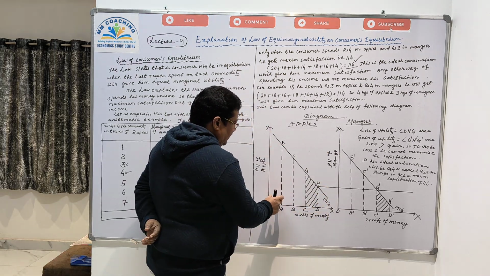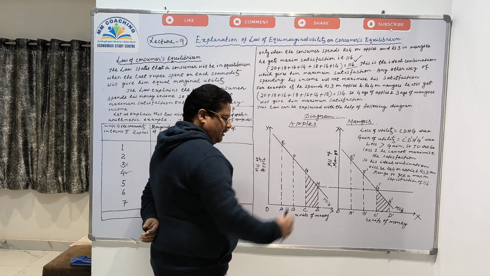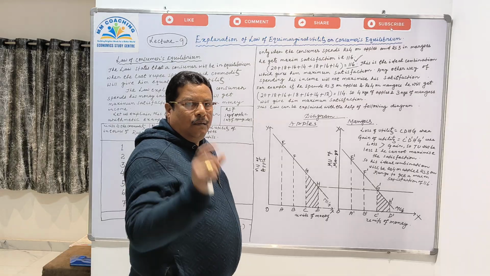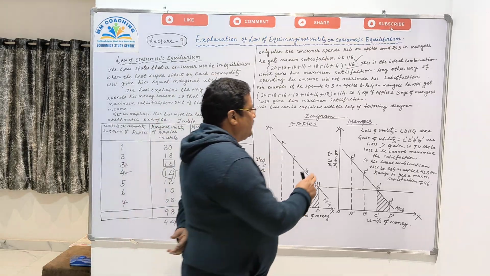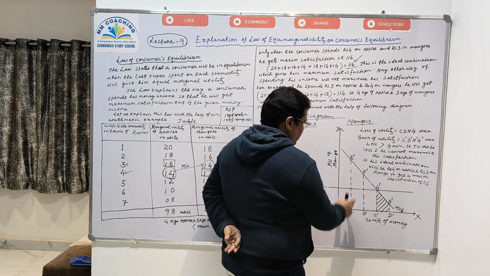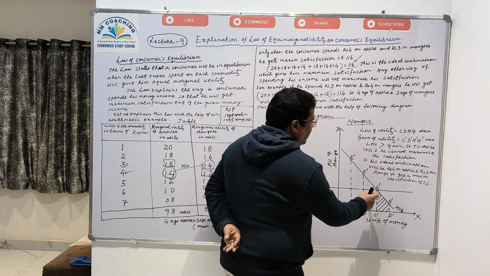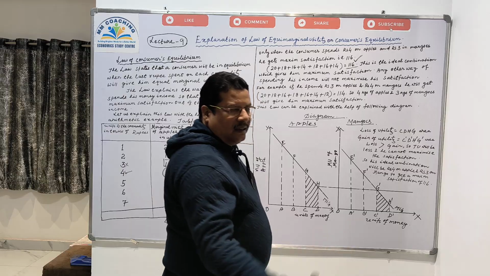So this is 1 rupee, this is 1 rupee, this is 1 rupee, this is 1 rupee. In total 4 rupees. Here also we have taken, here no doubt he will spend 3 rupees, this one and this one, and another I have taken up to make you understand.